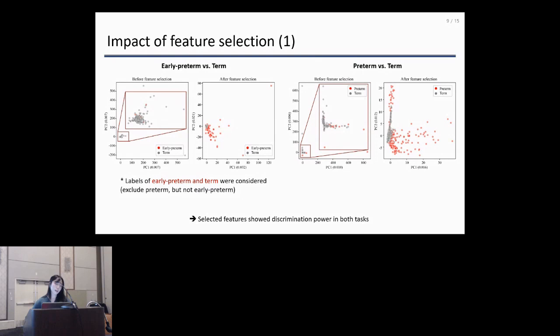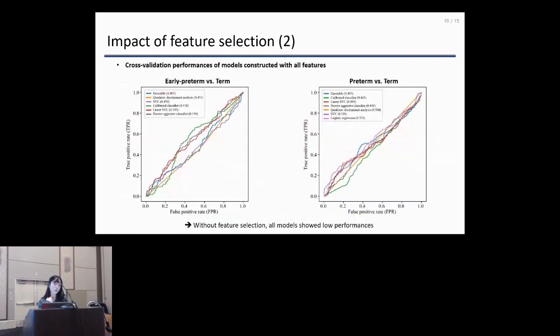The samples are very close together before the feature selection, but you can see that these selected features can discriminate the early preterm and term samples. Also, we constructed the model, and you can see the results from the fivefold cross-validation.